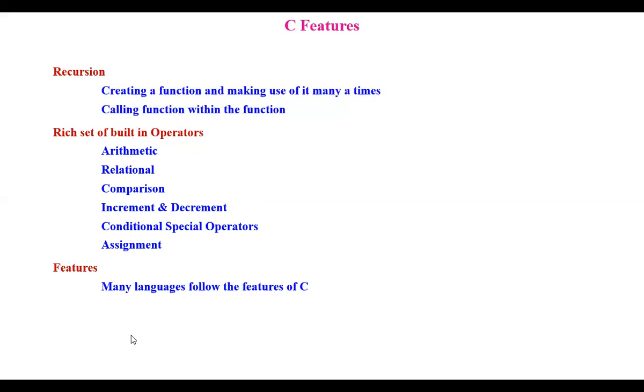Next, many languages follow the features of C. Arrays, strings, functions, etc. are features which are used by C++, Java, and C#.